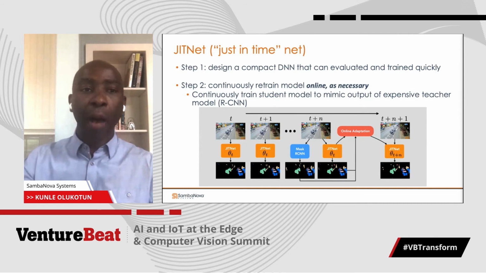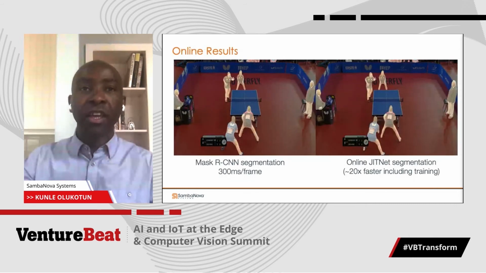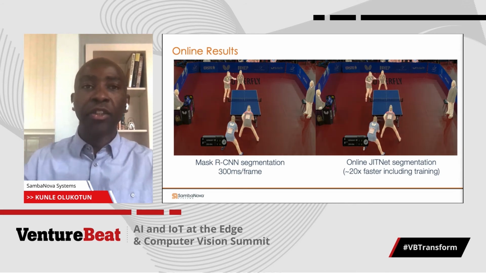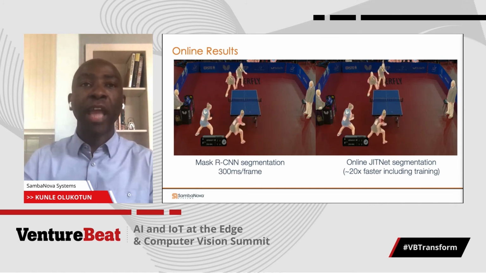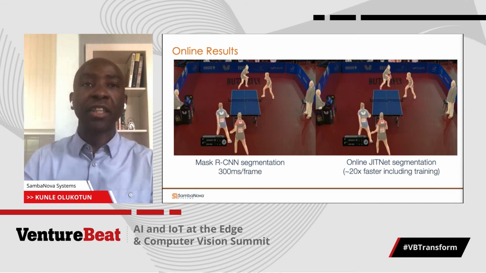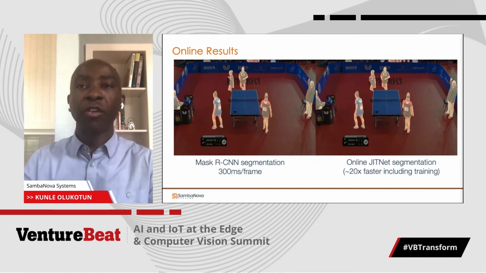So let's look at an example of how this works in segmenting some table tennis players in a tournament, right? And so you see on the left here, we have the teacher model, which is this regional convolutional neural network.